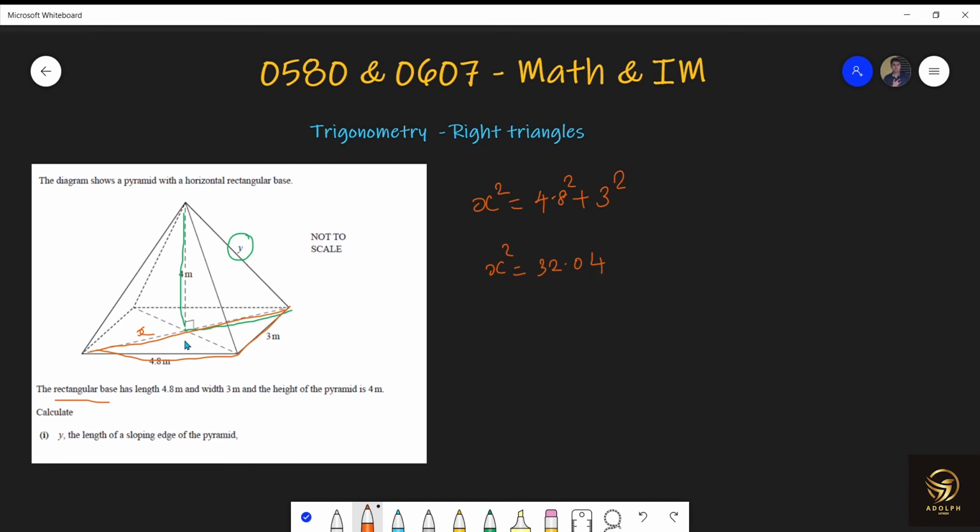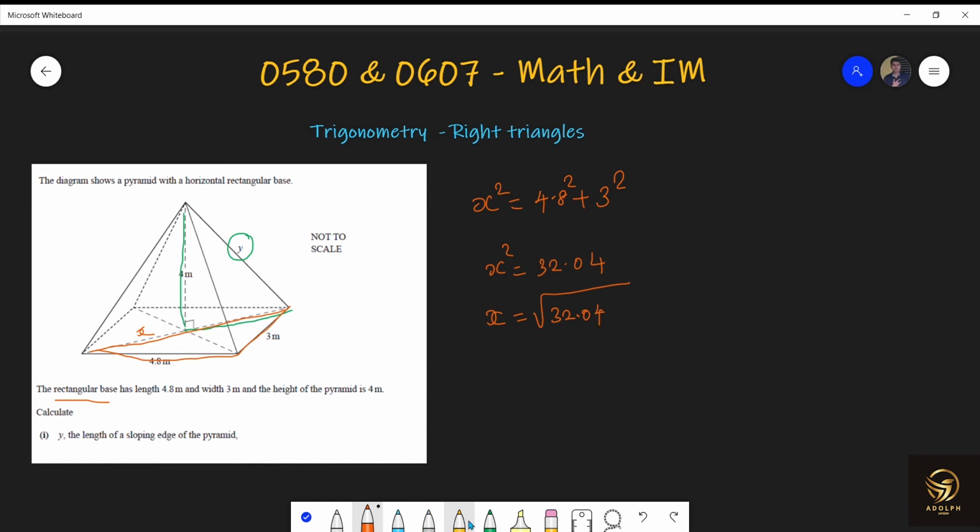After getting that, we want to calculate the exact hypotenuse, x equals the square root of 32.04. I'm not calculating that exact answer because I'm going to use it for further steps, so I can keep it as an exact value instead of a decimal value. So this is the x answer.